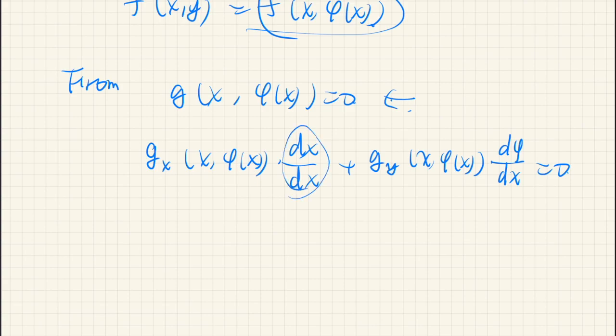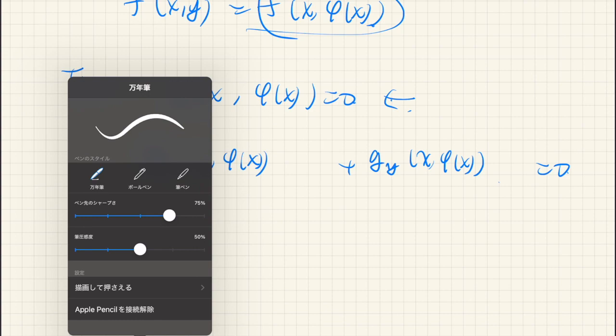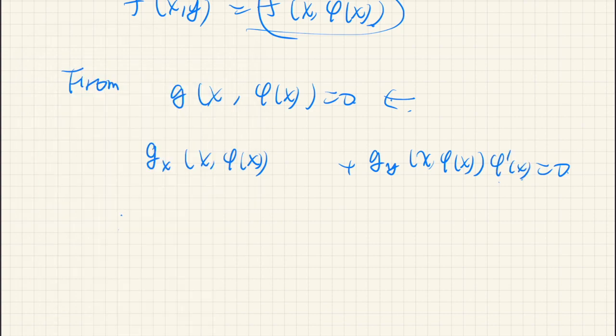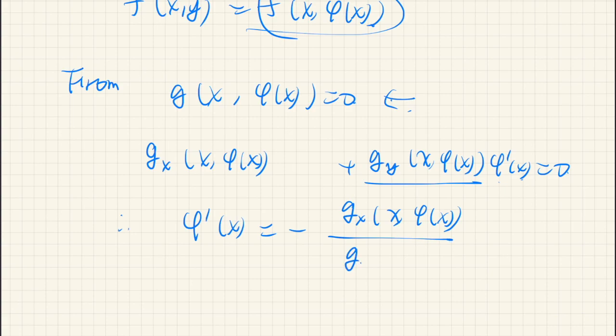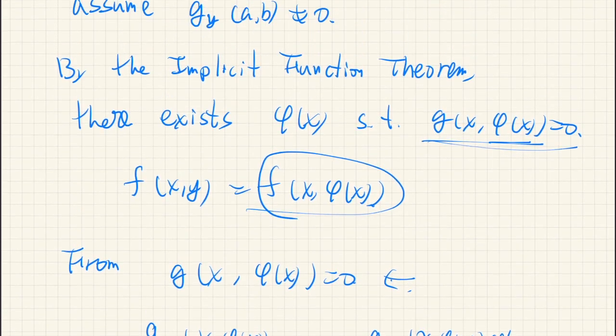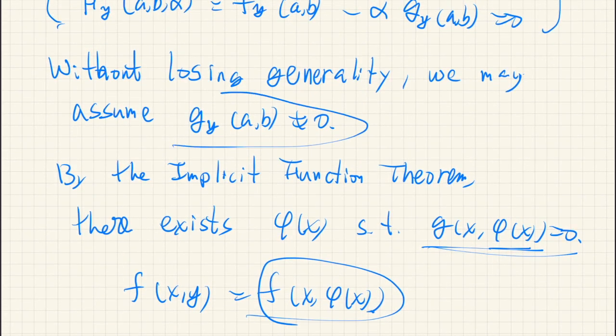This is of course 1, and this is phi prime of x. Since we are assuming g_y is non-zero, we can divide by it. Phi prime of x is negative g_x(x, phi(x)) over g_y(x, phi(x)). To do this, we needed to assume that this is the case.